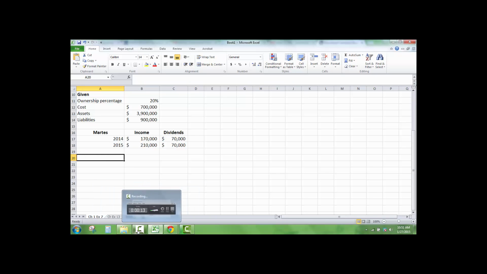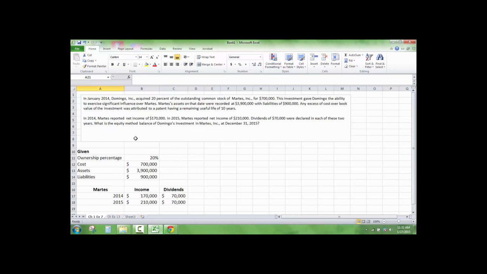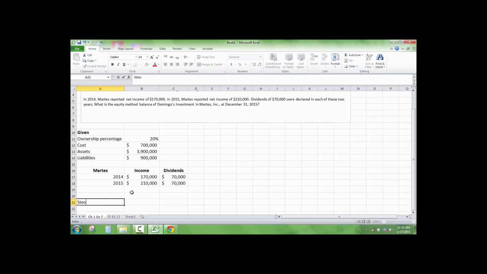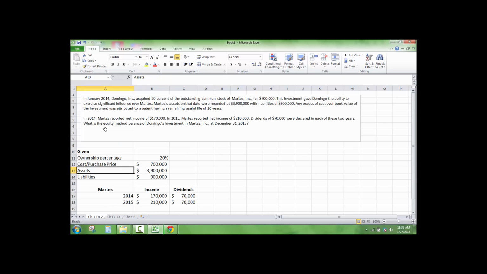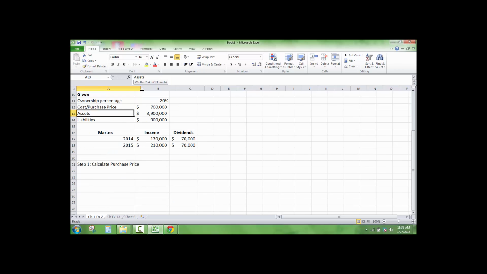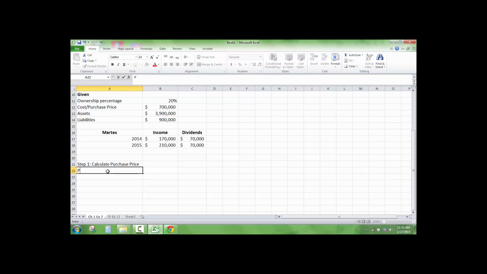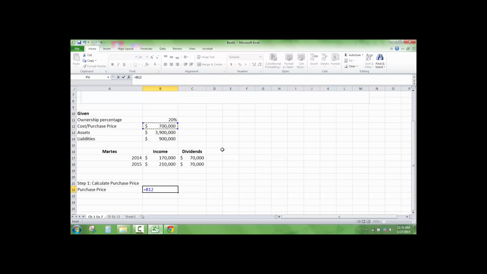So now, the very first thing that we are going to do is figure out step 1. Calculate purchase price. The purchase price is the cost, or what you paid for it. We get this from the $700,000.